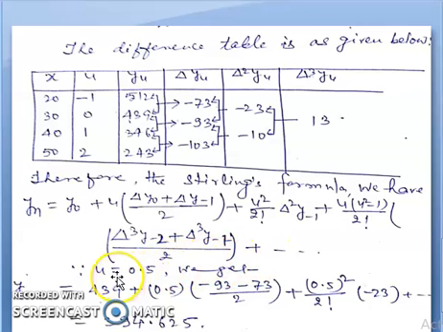Here u equal to 0.5. I have already evaluated u equal to 0.5. Now first of all, y0. What is y0?